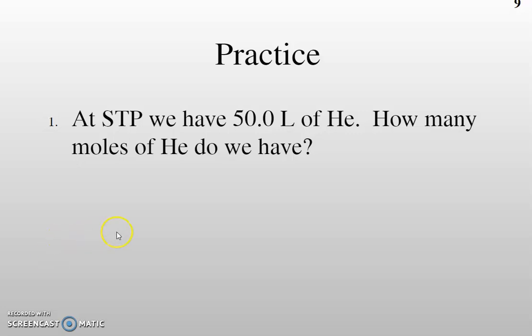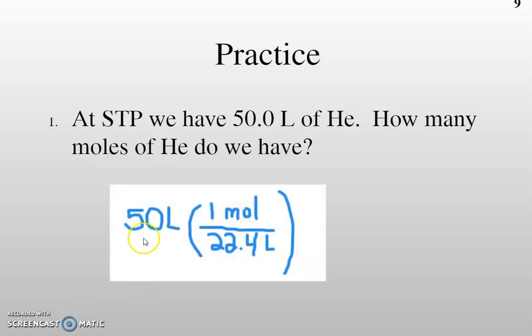All right, so let's do a couple of practice problems. At standard temperature and pressure, we have 50 liters of helium. How many moles do we have? Let's see how we set this up. You start with 50 liters, and we know that 1 mole is 22.4 liters.